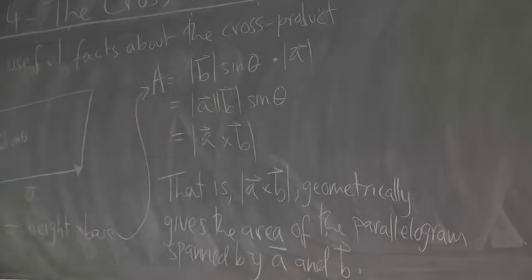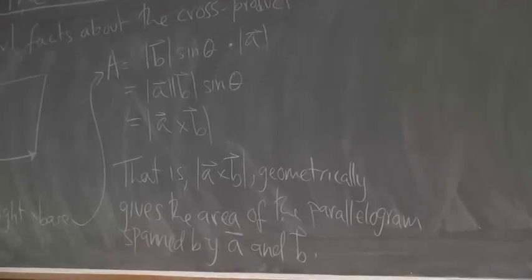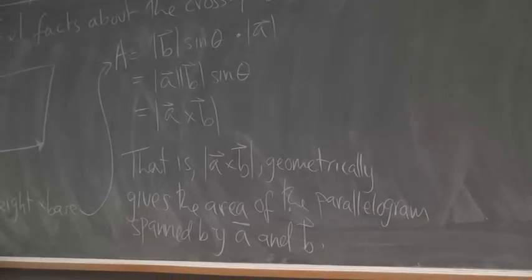That's another useful thing you can use the cross product for. If you know a parallelogram is spanned by two vectors, you can find the area of the parallelogram by just taking their cross product and finding the magnitude.